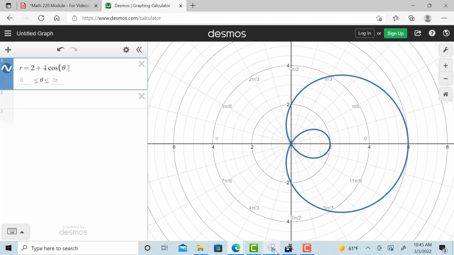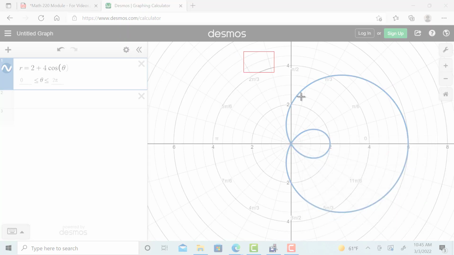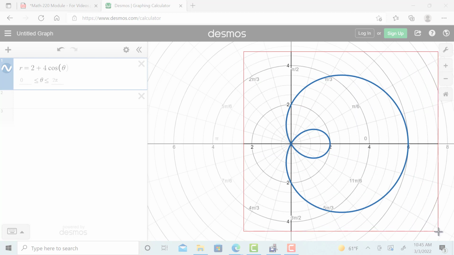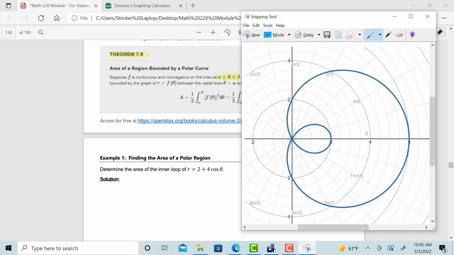So let's go ahead and snip a copy of this. Okay, so example 1, again, says determine the area of the inner loop. The part that we're looking for is this part right here.